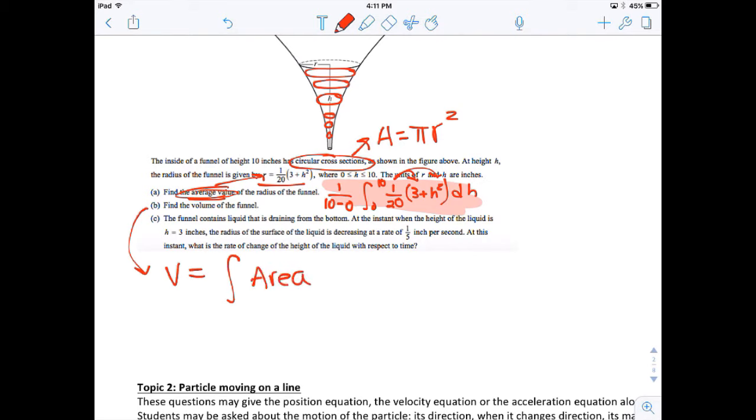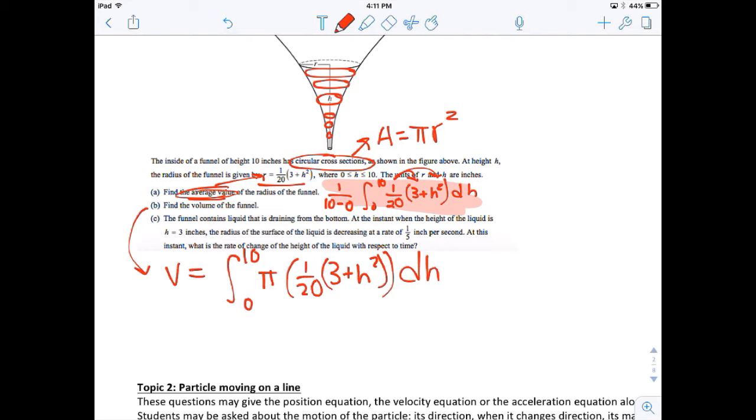So what I would say is that volume is the integral from 0 to 10 of the area, which is pi r squared. Now, we have a function for r, so I can plug that in, dH. And now I have a way to calculate that exact value.